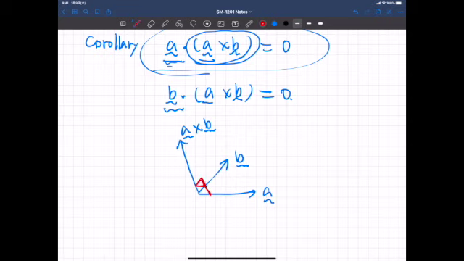That's what this means. If you calculate the cross product between two vectors, that cross product is perpendicular to both vectors.